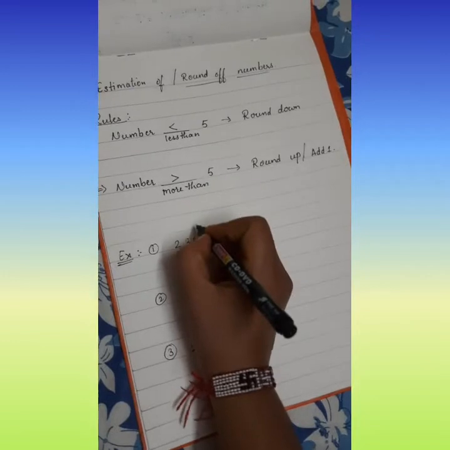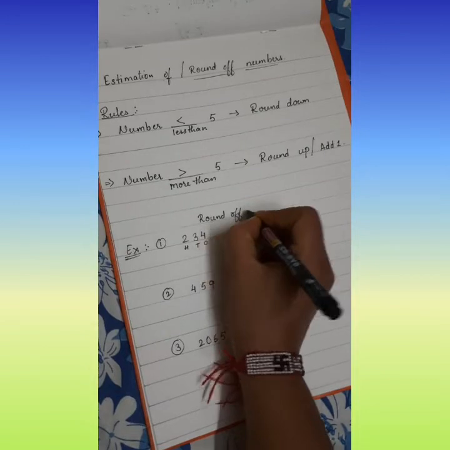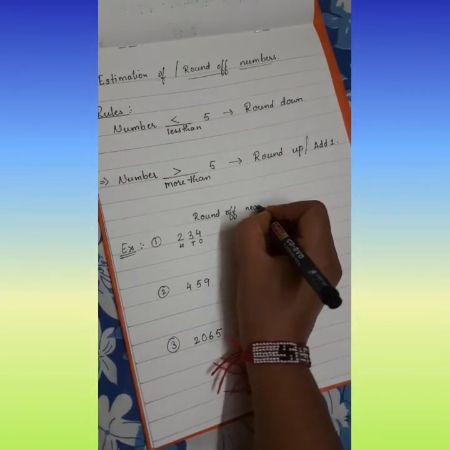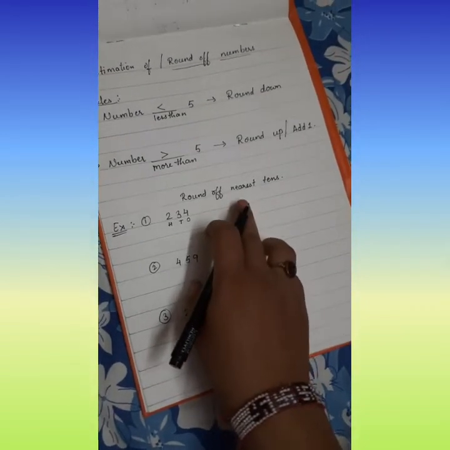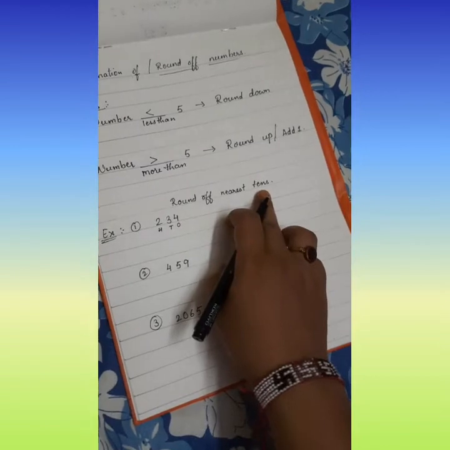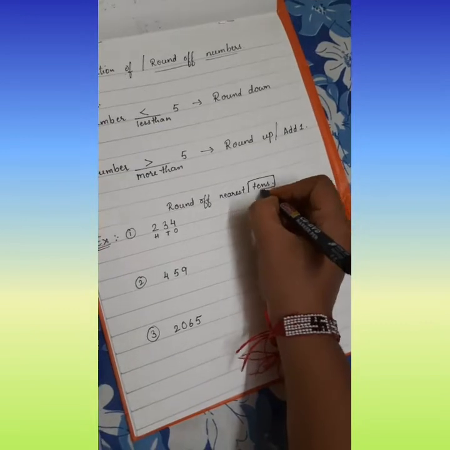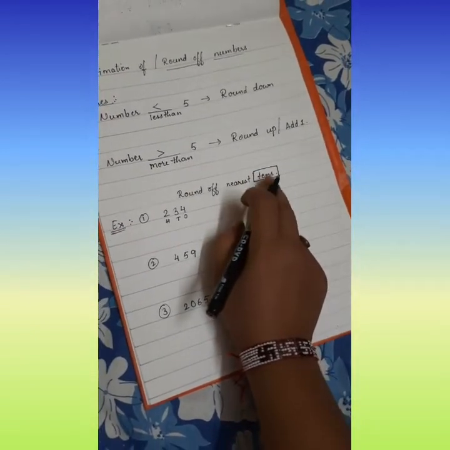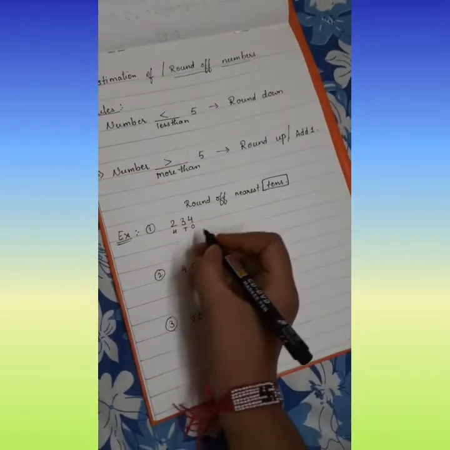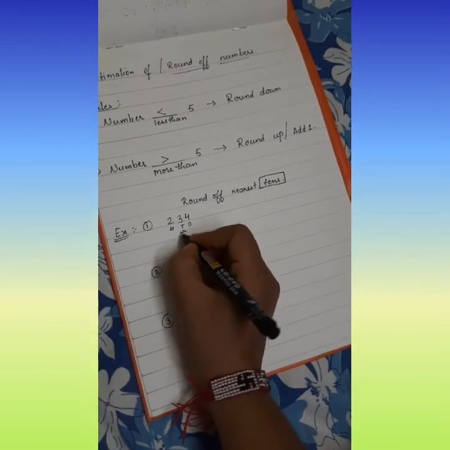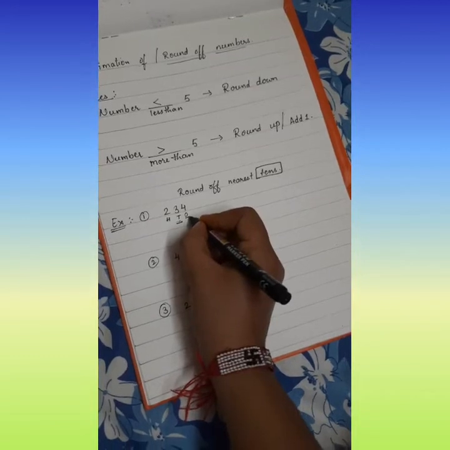Now if it is said to round off to the nearest tens, always keep in mind that whatever position is given to you, we have to see the position one before it, on the right hand side. If it is asked for tens, we have to see its immediate right side, that is ones.